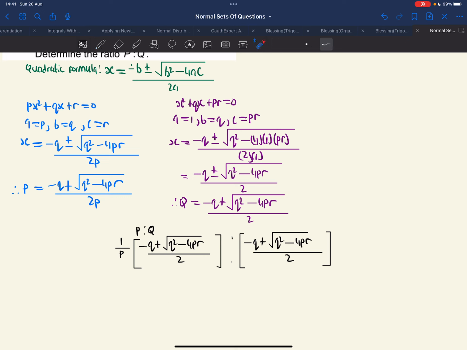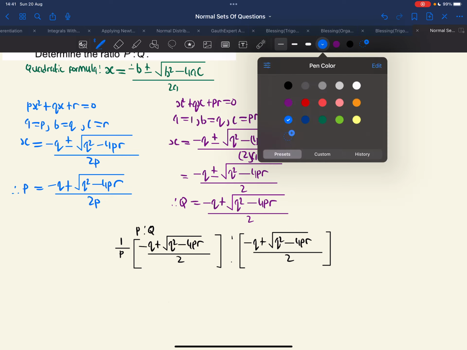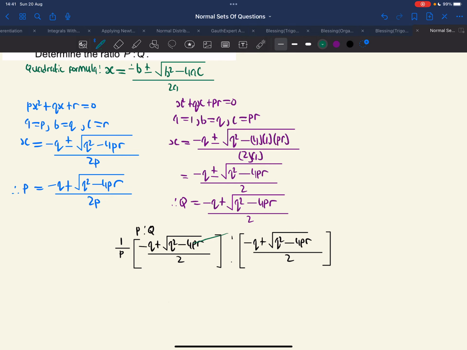Can you see that these numbers here and that number there are both the same, so we can actually cancel them out in this ratio. Let me use green so we can cancel them out.